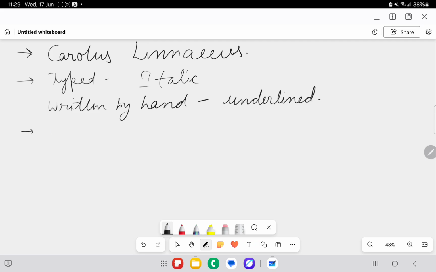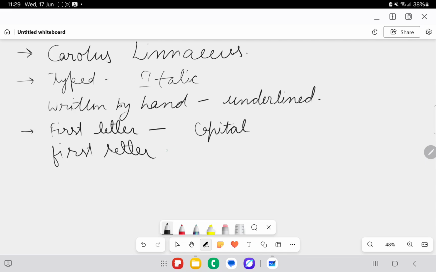The very first letter of the genus is always in capital form, and the first letter of the species is in a small letter.